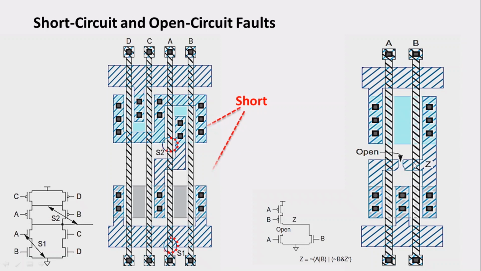Instead of getting negation of A or B, this circuit is going to work as negation of A or negation of B and Z bar. Here you can observe the equivalent circuit. Instead, I'm getting a totally different circuit. So these are the different types of errors we can observe once the product is ready.